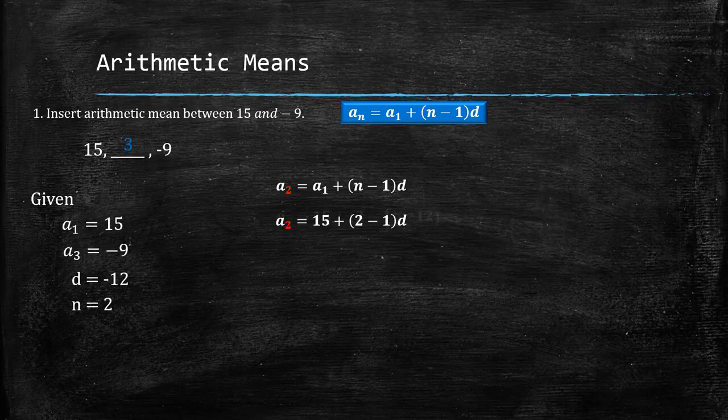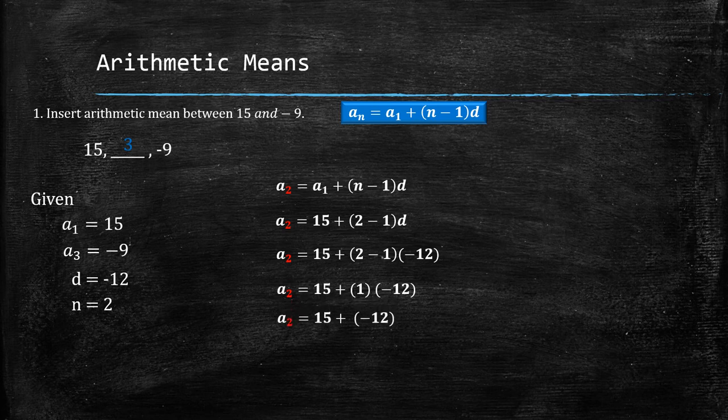So that is 2 minus 1 times negative 12. 2 minus 1 is 1, times negative 12. So 15 plus negative 12 is equal to 3. So you can see, class, the second term, a sub 2, is our answer. So we have checked it.